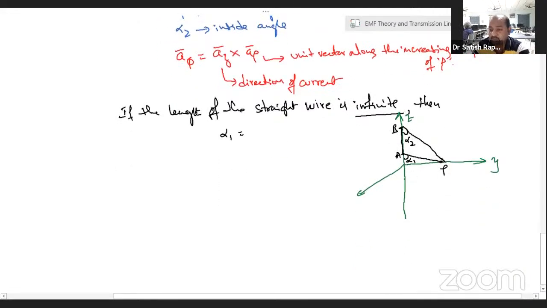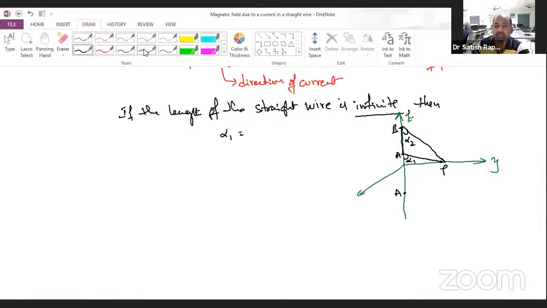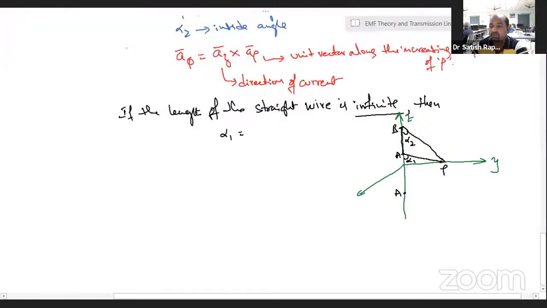For example, if point A is here, then what is alpha 1? Joining, this one is alpha 1.